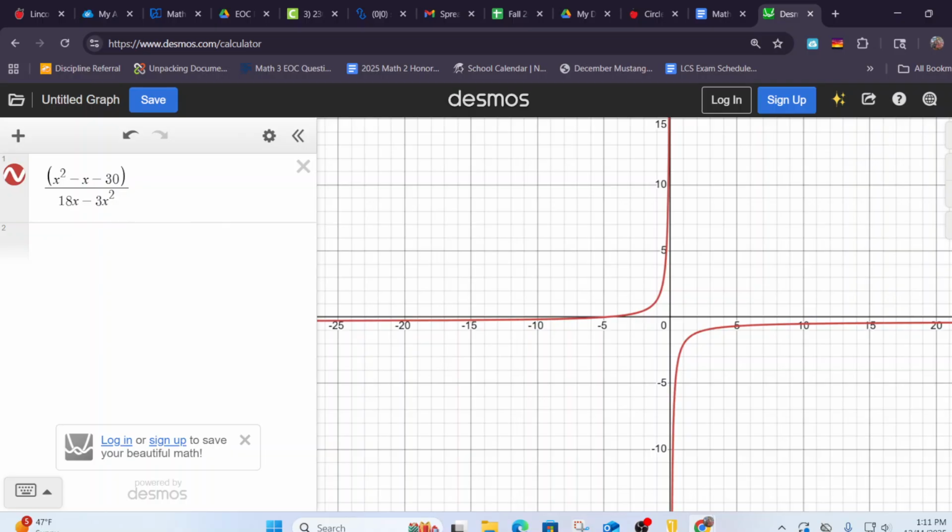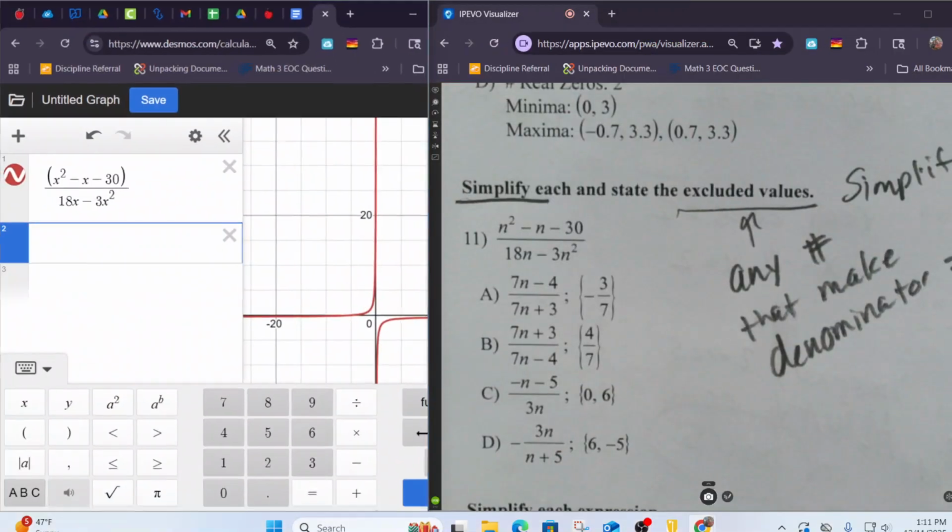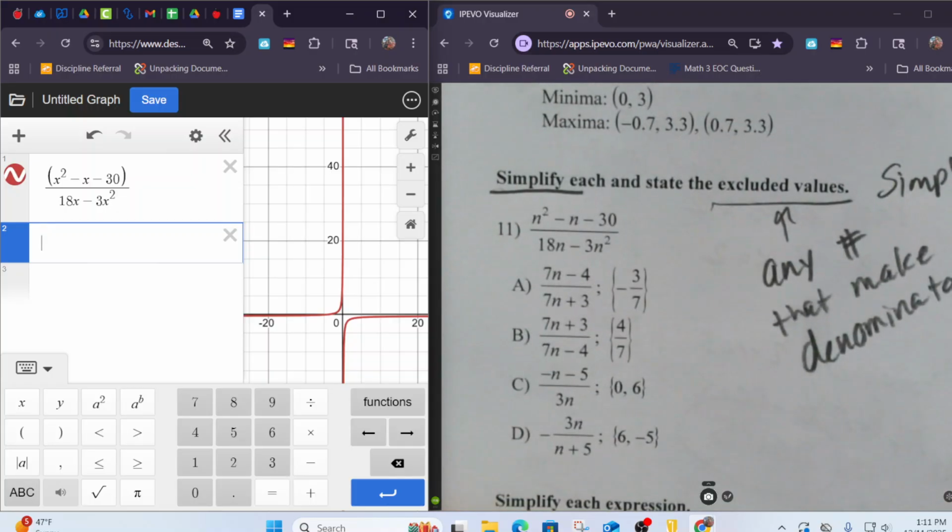This is only about 1 or 2 units ago. It is undefined. But what kind of excluded value makes it do that? Vertical asymptote. So that means that's a vertical asymptote. So just keep that in mind.